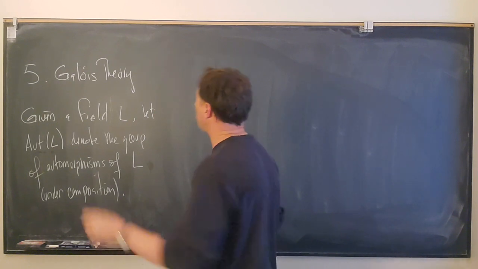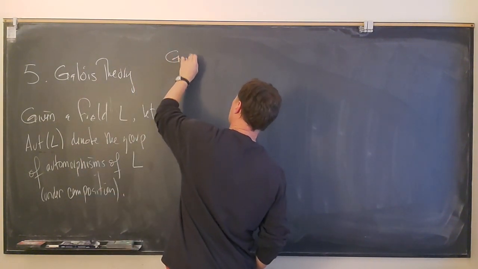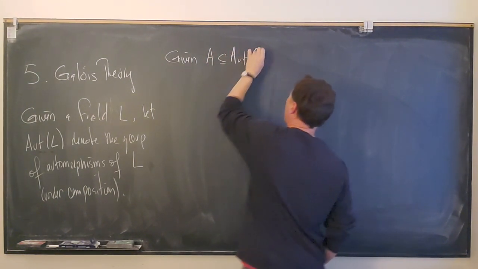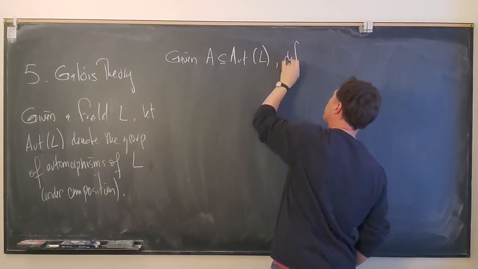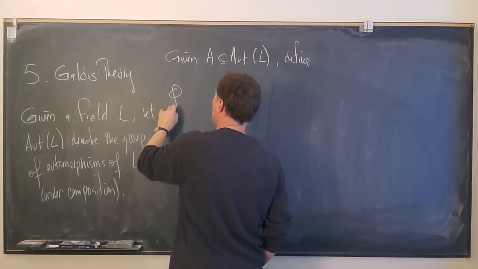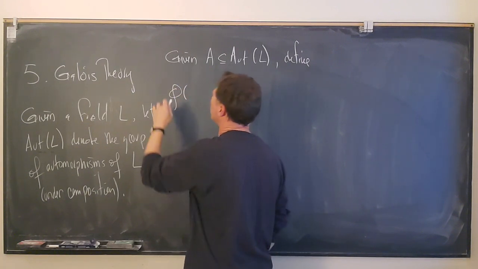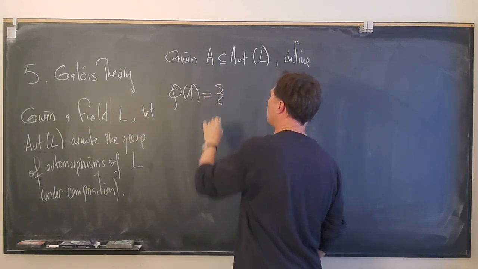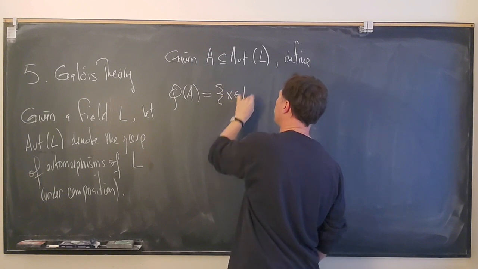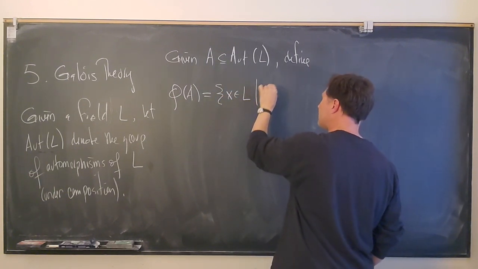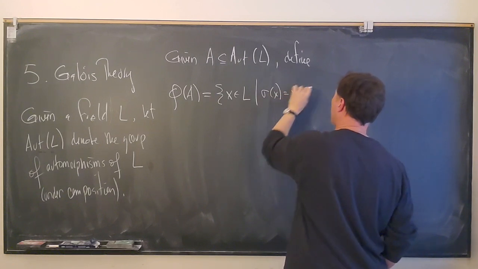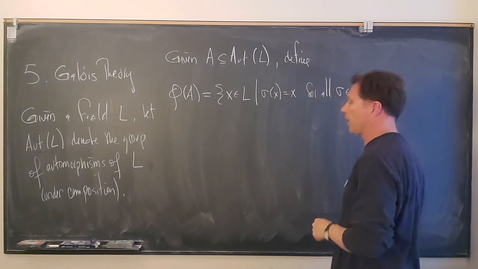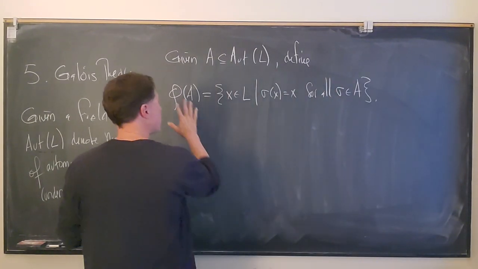Now, given a subset capital A of Aut L, let's define phi of A, and it's going to be equal to the set of all x in L such that sigma of x is equal to x for all sigma in capital A. So this is notation here.